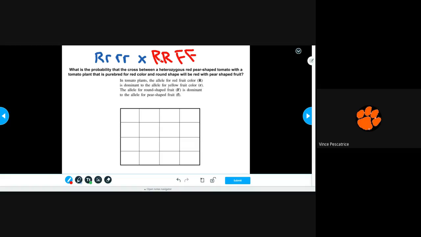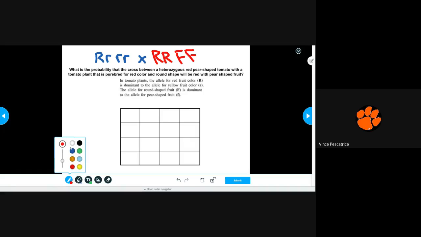Red is dominant and round is dominant. So anytime that's paired with a recessive gene, that phenotype will be what's expressed in the actual fruit.